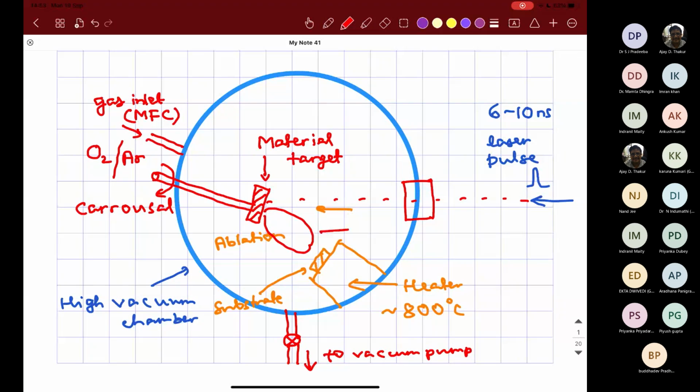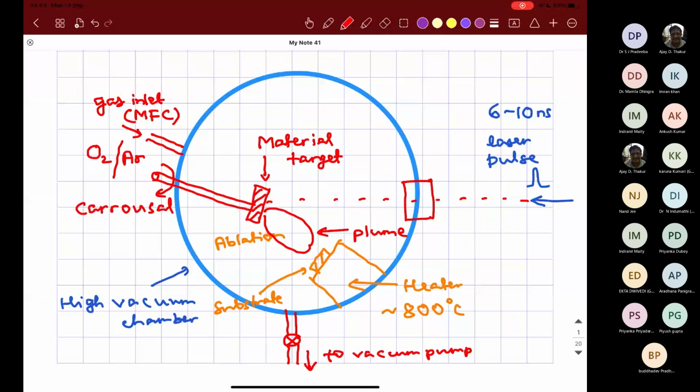So this is called a plume. A plasma plume is formed, and that plasma plume will deposit on the substrate, and that's how the film is formed.